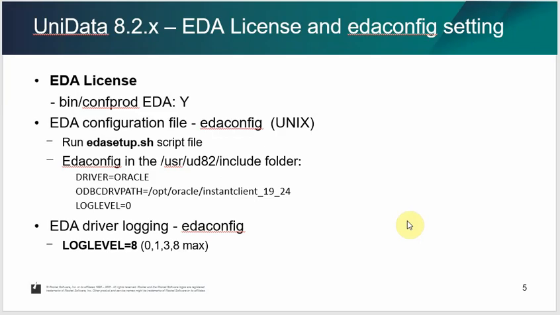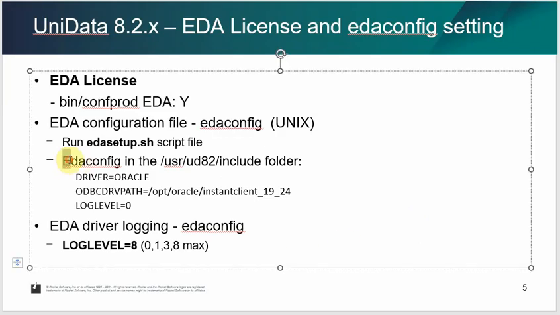It should be on the UniData A2, under the usr UDA2 include folder. You only need to set a few entries. One is called Oracle driver, and the path must point to your Oracle Instant Client path for the driver. The last one is called log level. You can set different log levels; by default it is 0, which is no logging.